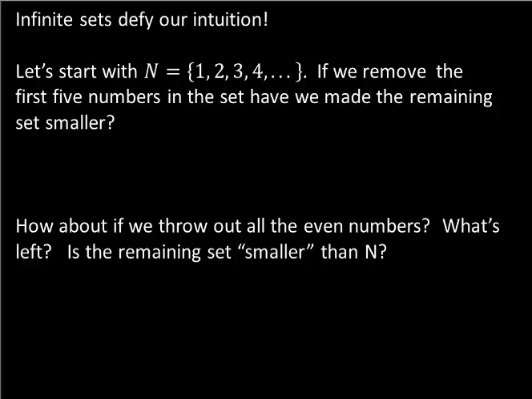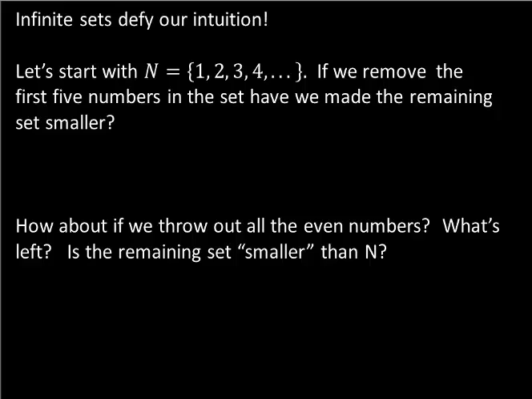Let's start with the natural numbers, and if we take out the first 5 numbers in the set, then have we made the remaining set smaller? Well, what is the remaining set?